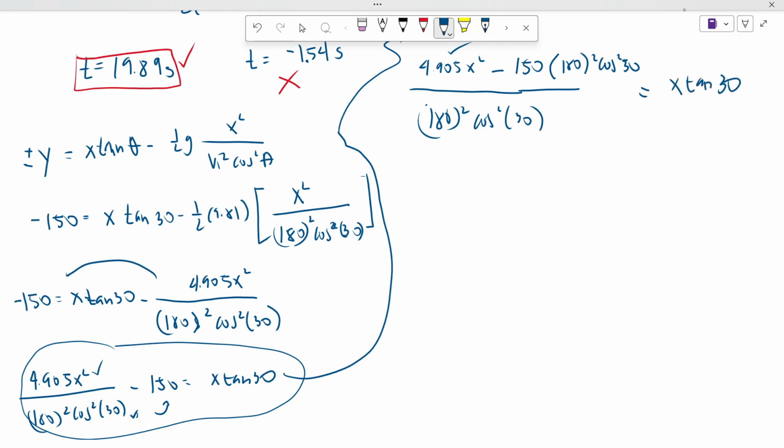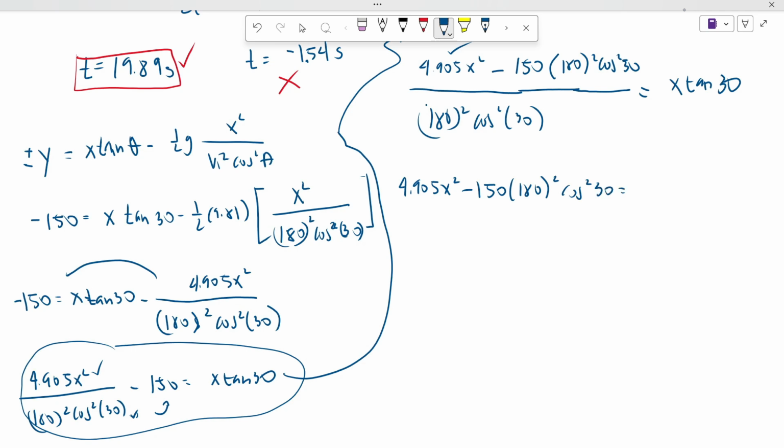Gets, guys? Ang next natin gagawin dyan is cross multiply. So, 4.905 x squared minus 150 of 180 squared cosine squared 30 is equals to.